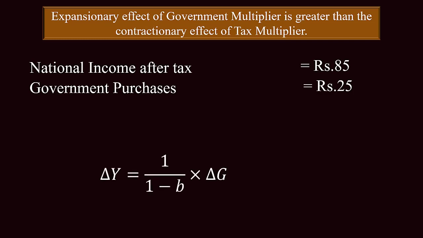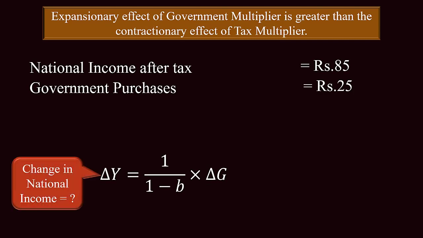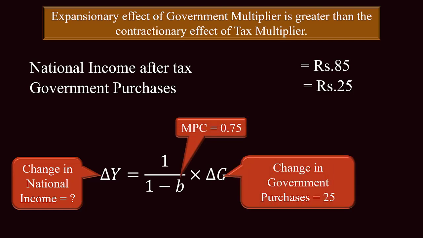Symbolically, it can be stated as delta y equal to 1 over 1 minus b times delta g, where delta y represents change in national income, b MPC, and delta g change in government purchases.